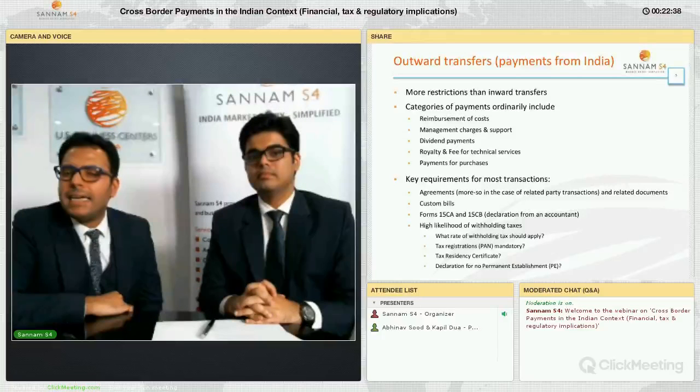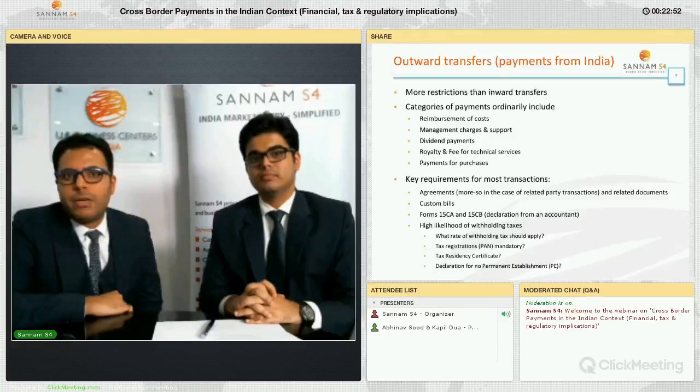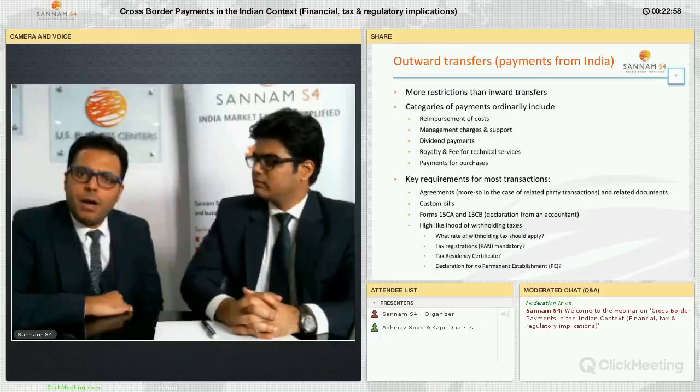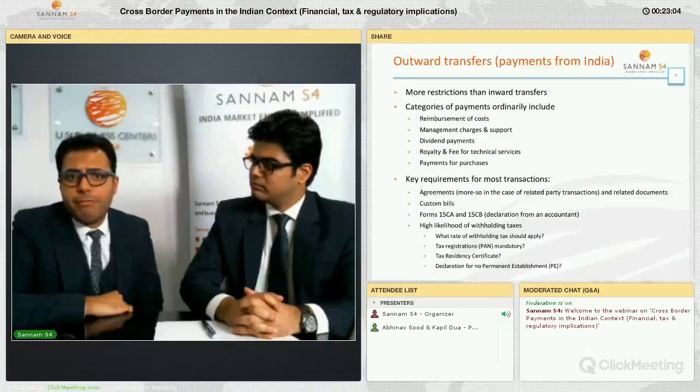So what are the typical categories of payment which we generally see when the payments are going out of India? For example, reimbursements of cost to the foreign businesses, foreign holding companies, group companies, management charges to related parties when the foreign company or foreign employees are working on some projects which have been revenued or invoiced from India, and they want to charge the management fee for the work on the Indian projects.